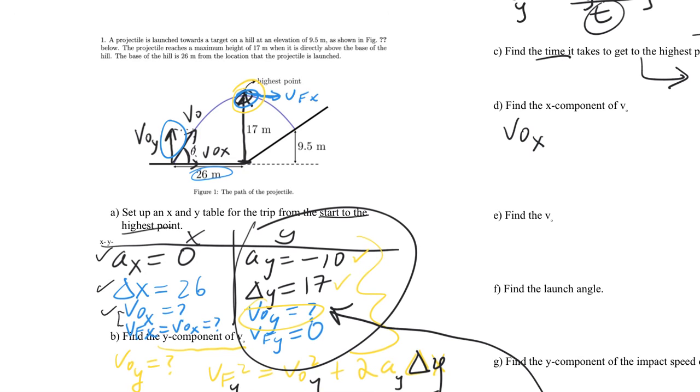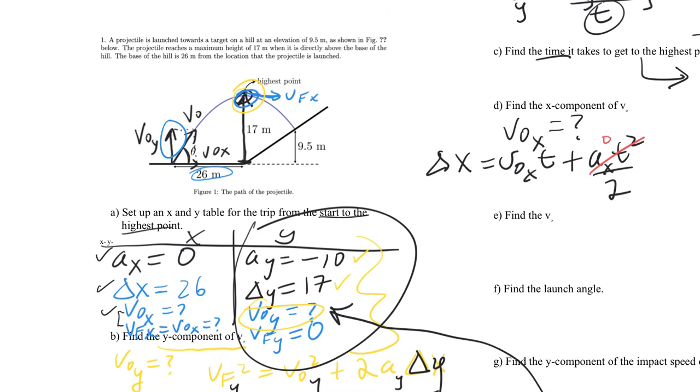So look for an equation with all those things. How about this one? Delta X equals VOXT plus AT squared over 2. Now, AX is 0, so it crosses this whole term out.